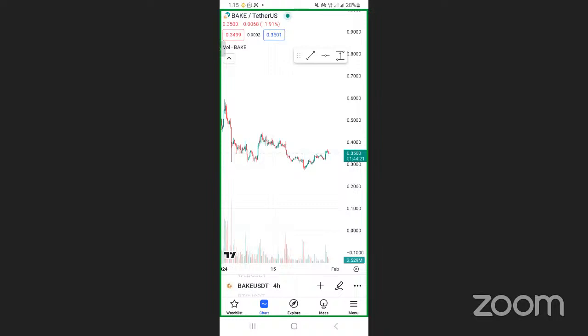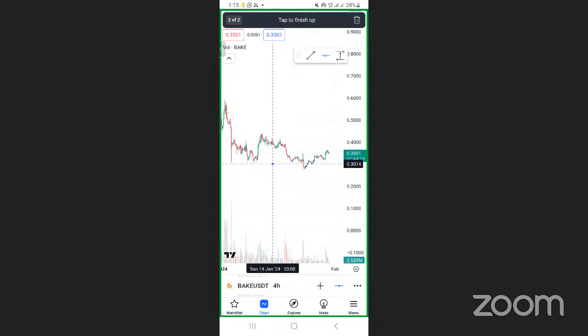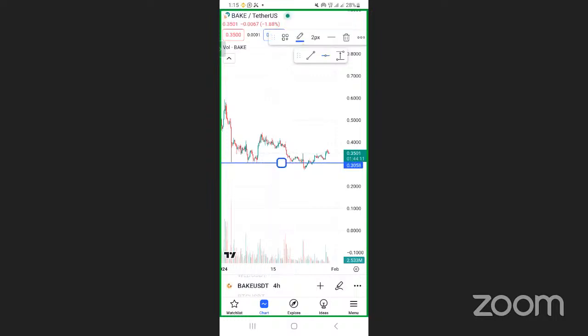So BECK is ranging between this point, and every time it comes, it retests this. Now at some point it broke through the range, but later on it was reclaimed.